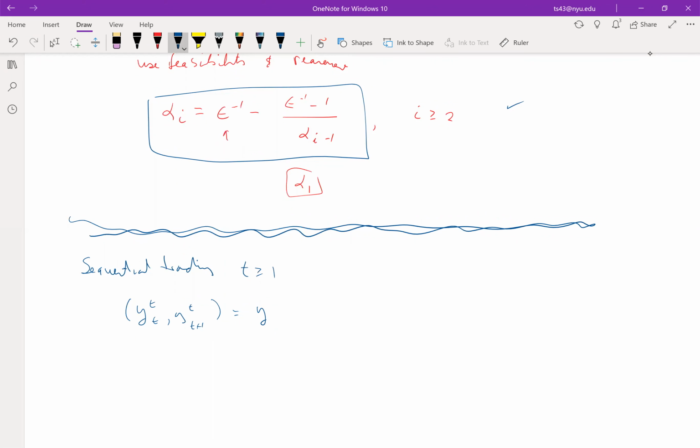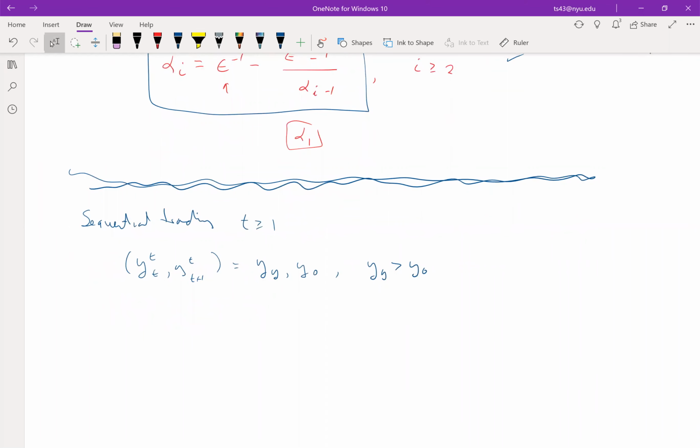You're going to have some endowment Y when you're young and some when you're old, and we're going to make Y young greater than Y old. And this is going to be for all t greater than or equal to 1. And we'll endow the initial old with this amount too.